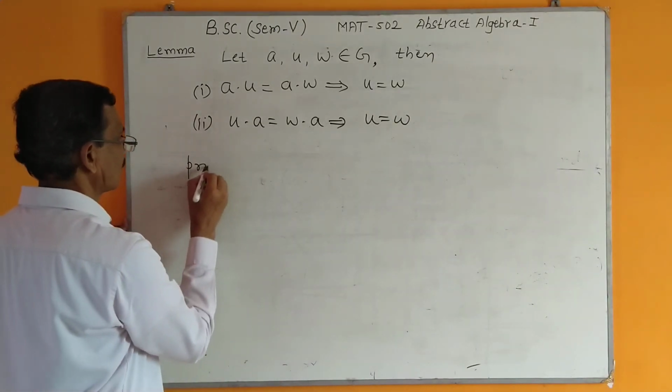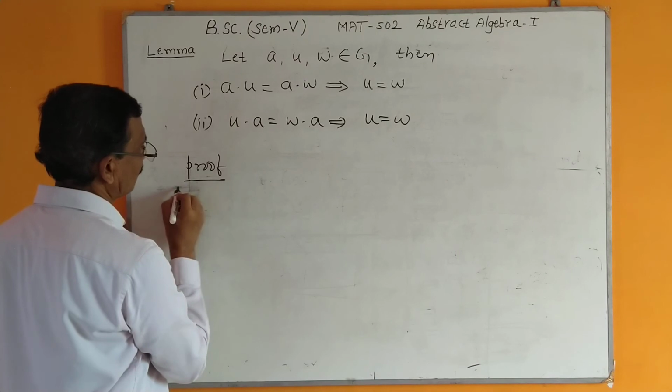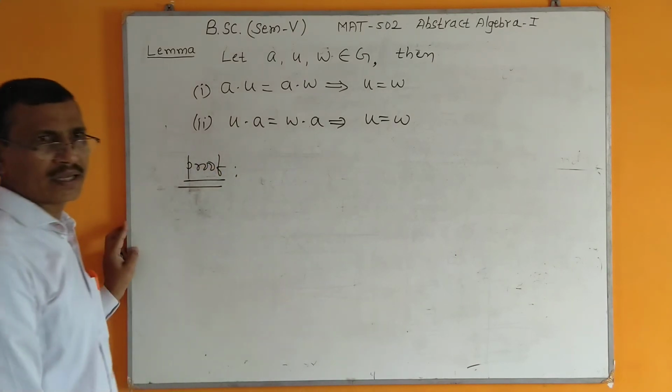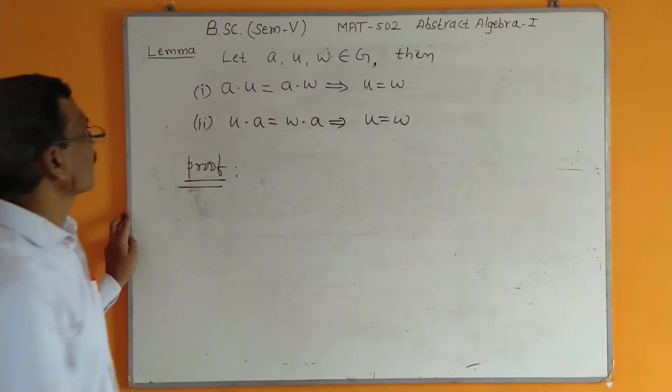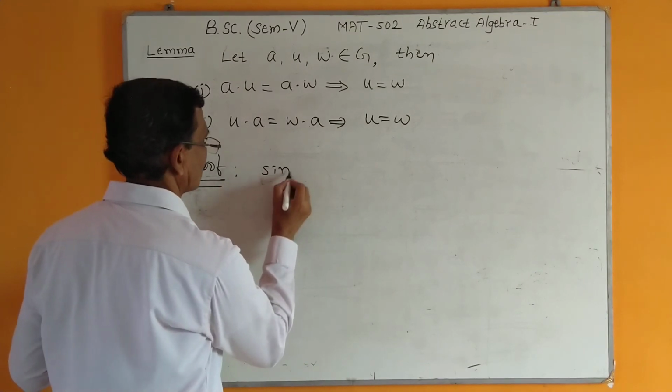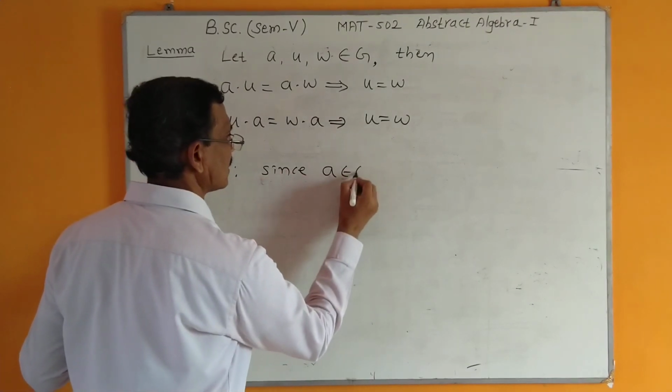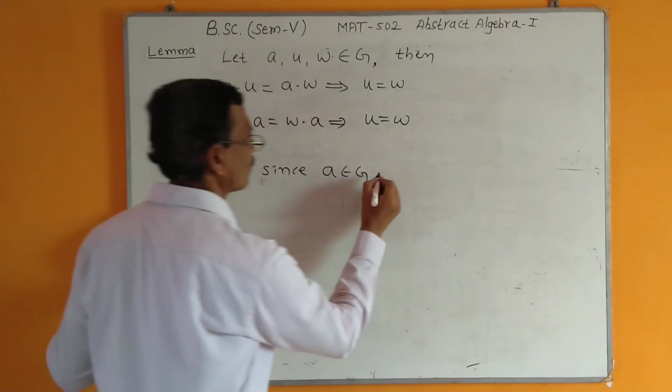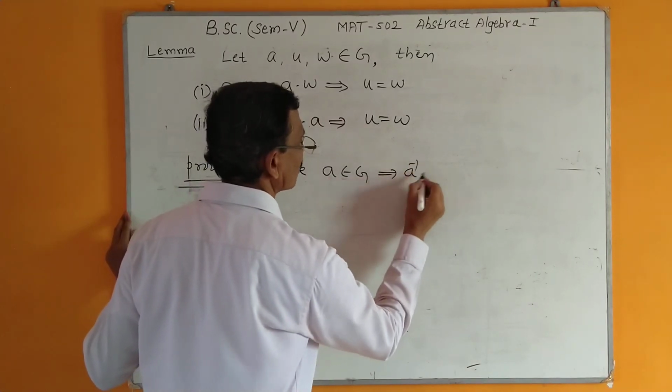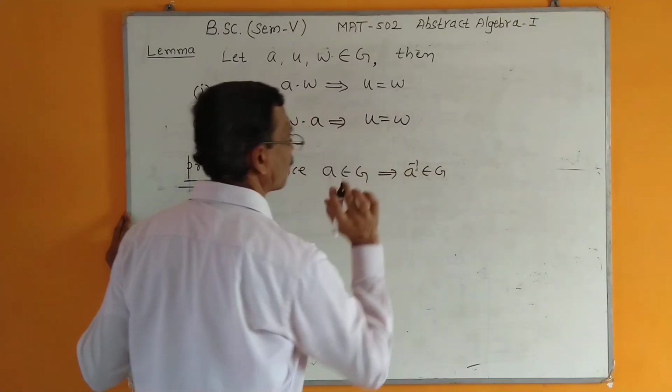The proof is very simple. We just multiply by the inverse of A on both sides. Since A belongs to G, its inverse also exists in G, because G is a group.